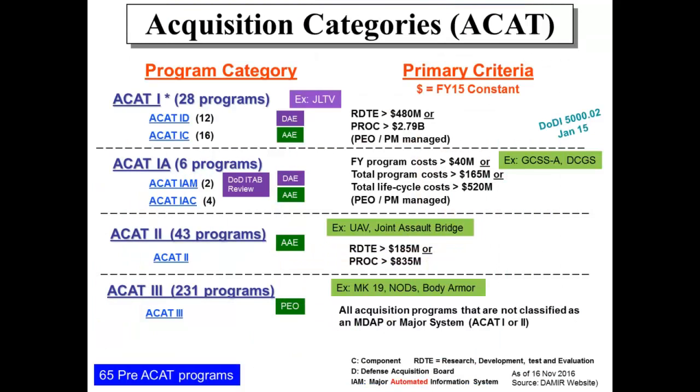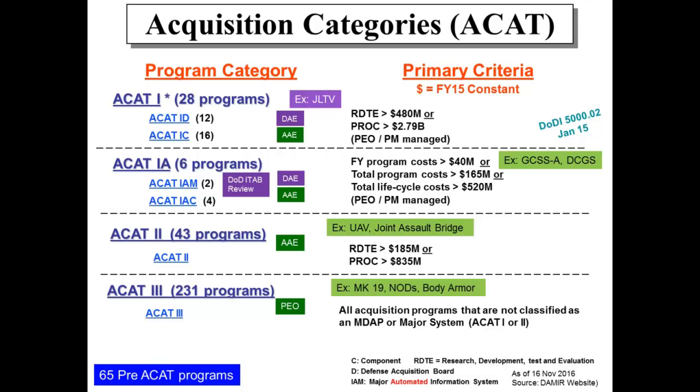Now looking at cost. So the acquisition categories, the ACATs. These are programs that are designated by cost, and then who approves them is directed by what category level they are. So you have ACAT 1, currently 28 programs. An example would be the JLTV, a very expensive program.